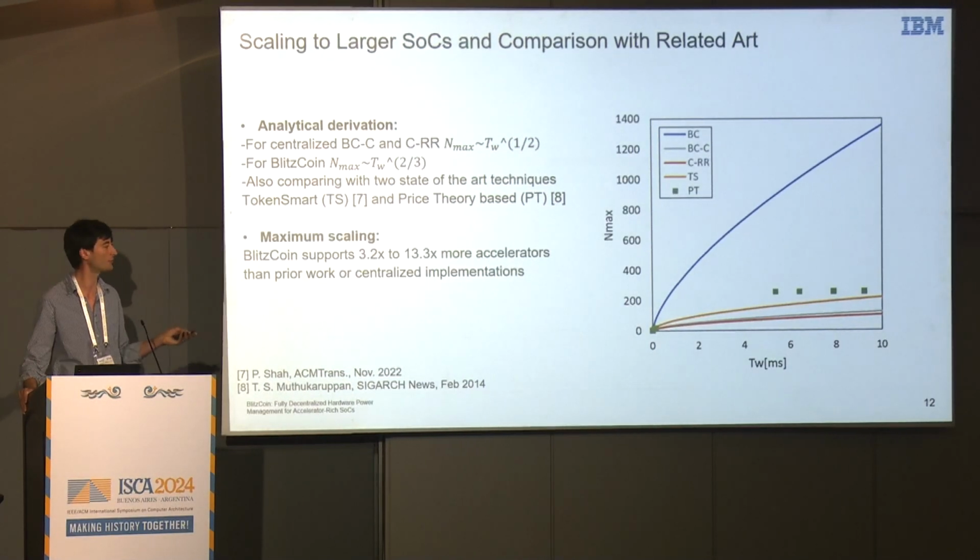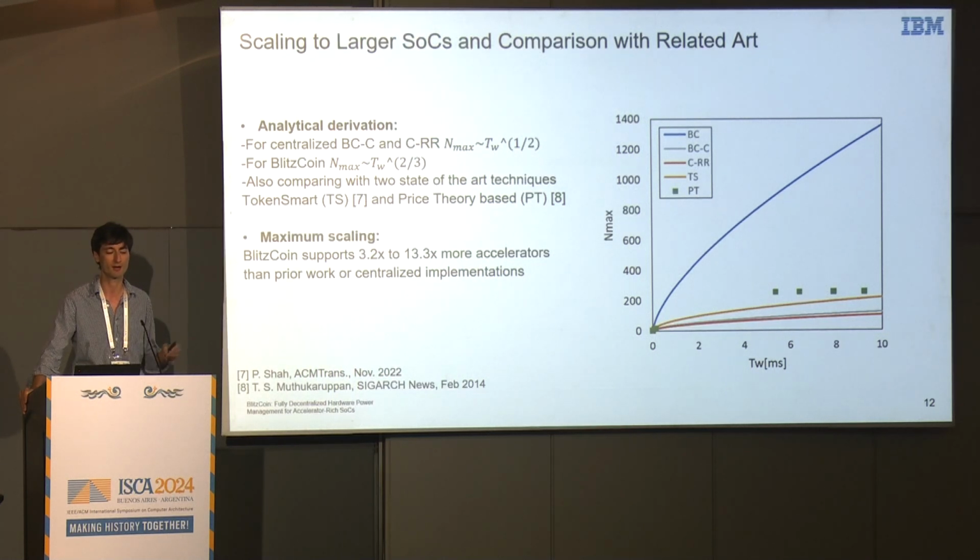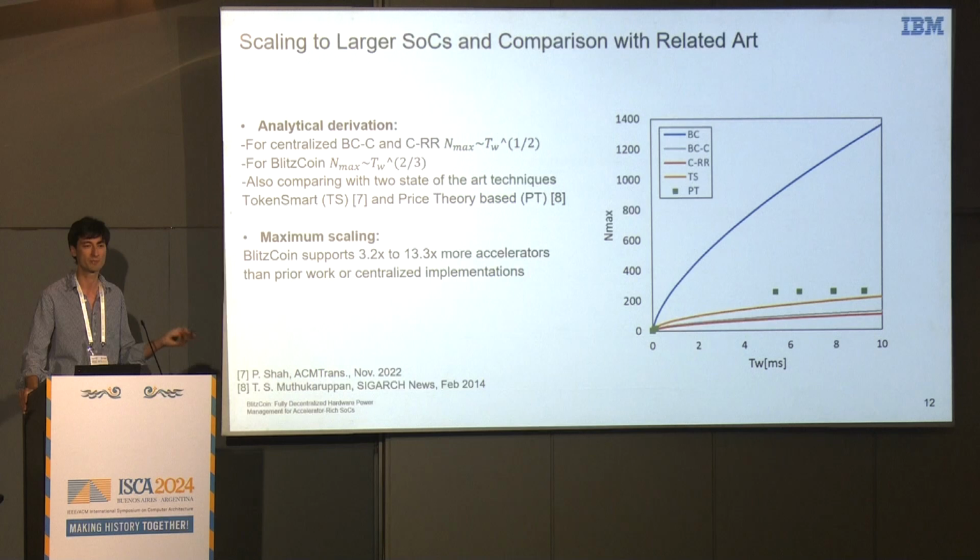Hence, we can scale up the results and see for different workloads what is the maximum number of tiles that can be accommodated with this power scheme. And we can see that BlitzCoin supports about 3 to 13x larger SoCs compared to BCC, CRR, as well as 2 other works from the literature.